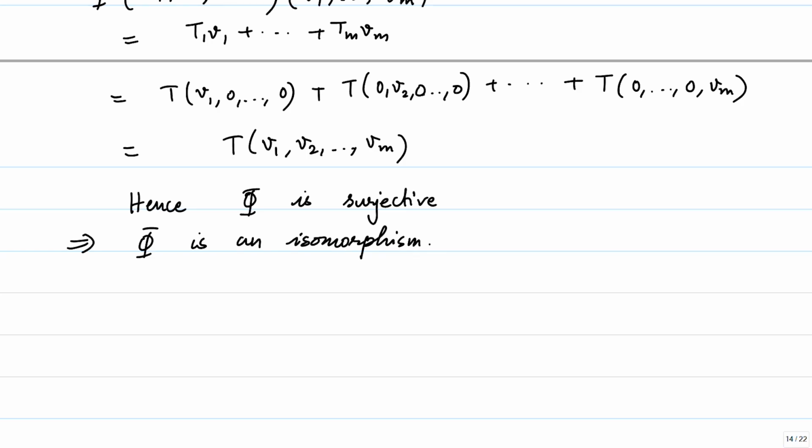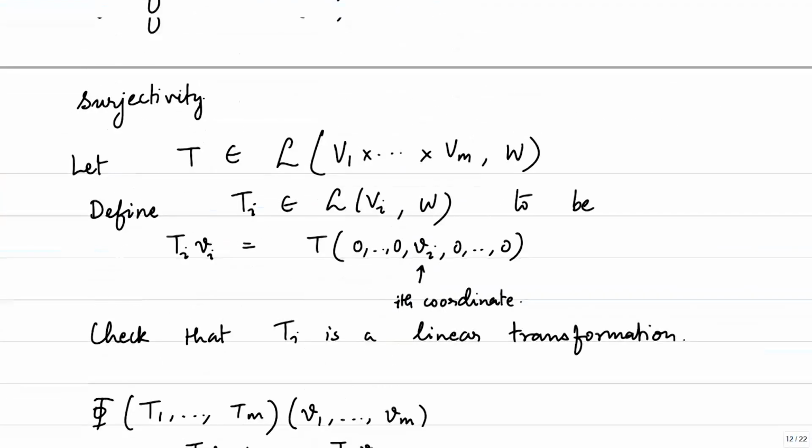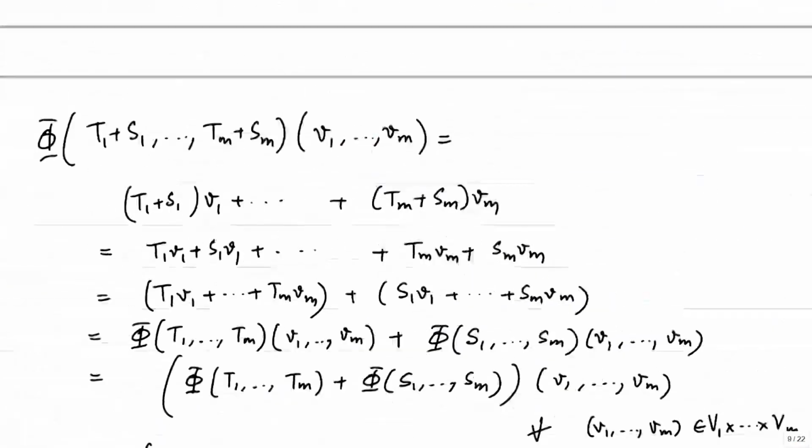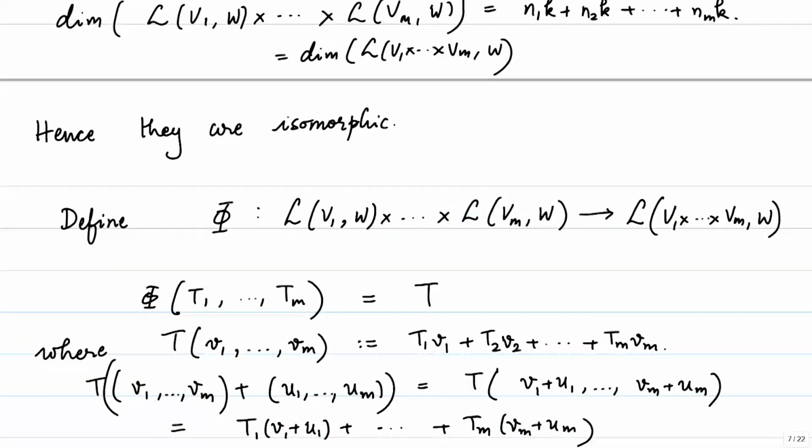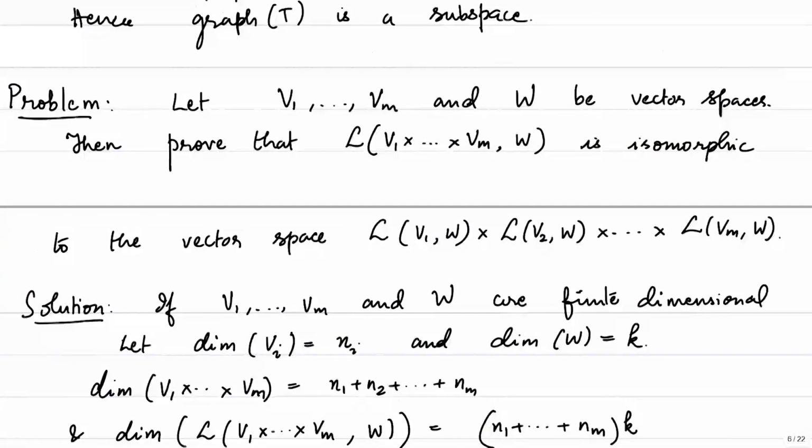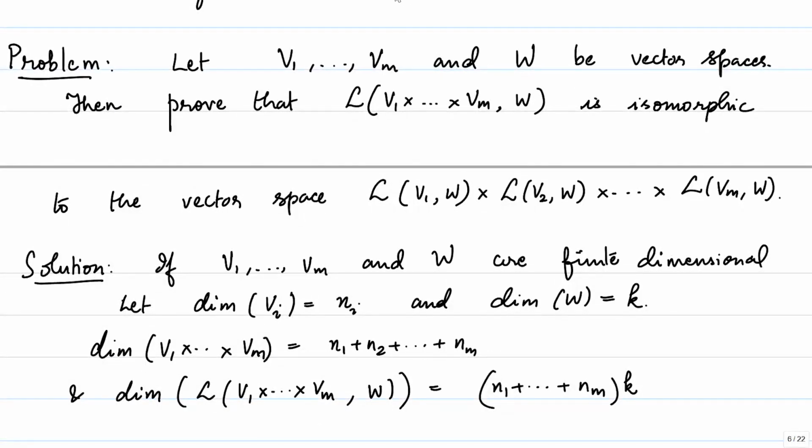Alright, so we have proved this fairly long problem, showing that the two vector spaces involved are isomorphic. Irrespective of whether it is finite dimensional or infinite dimensional, the result holds.